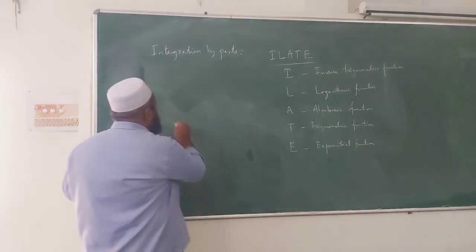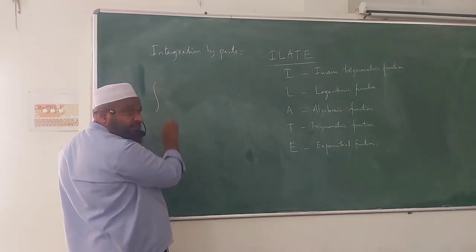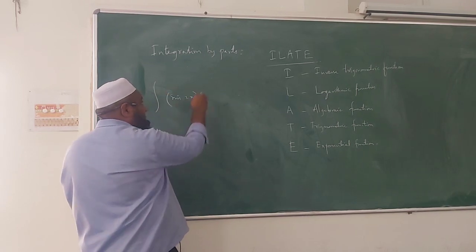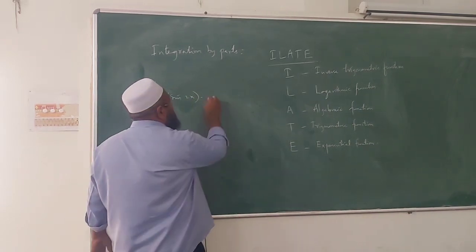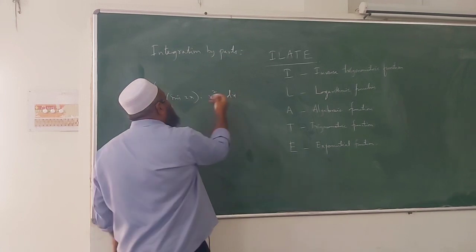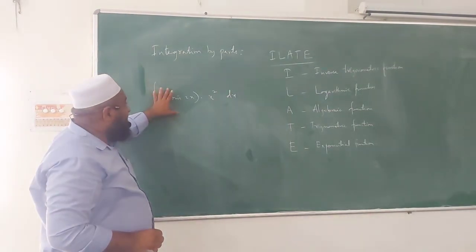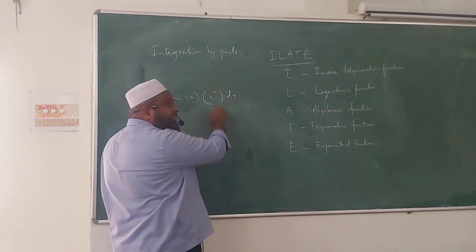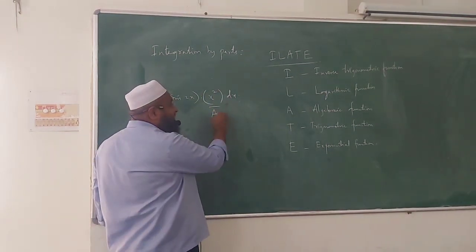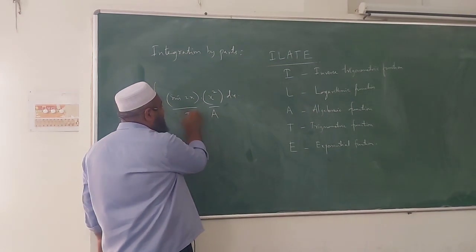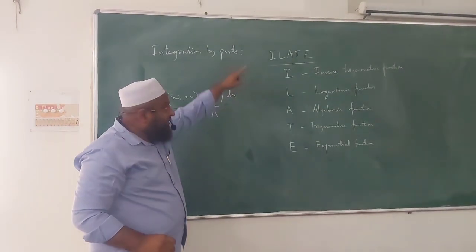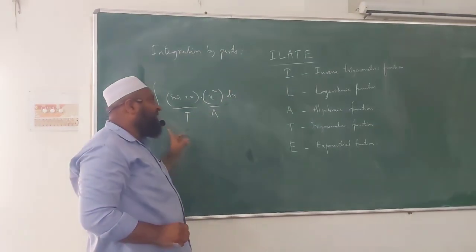Let me say, for example, I have the integral of sin 2x into x square dx. If the problem is given in this way, sin 2x into x square, and you see these two functions, this is an algebraic function, this is a trigonometric function. So in this order, what should be the order?